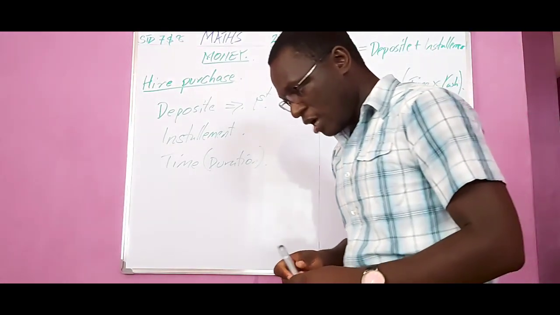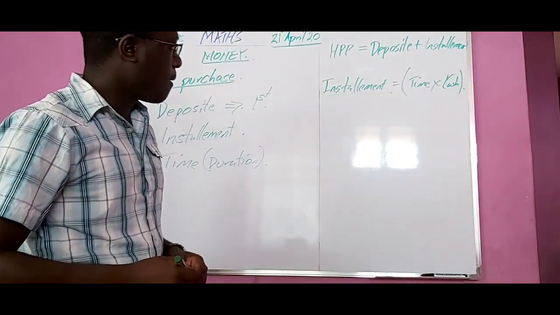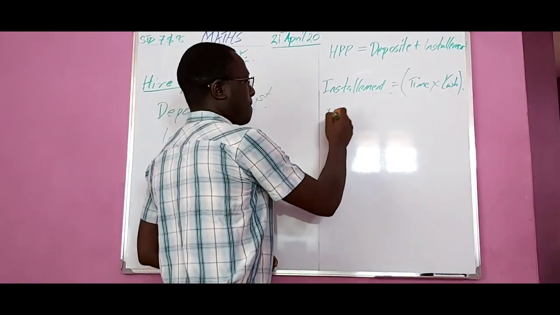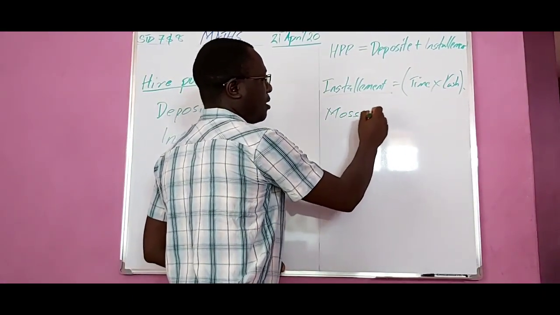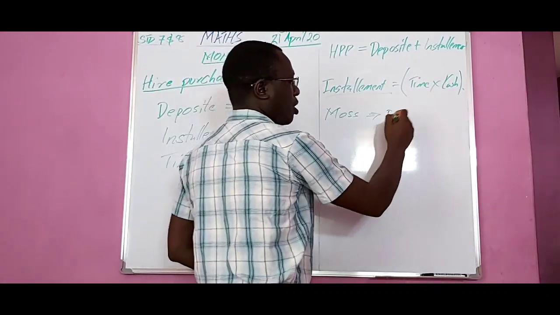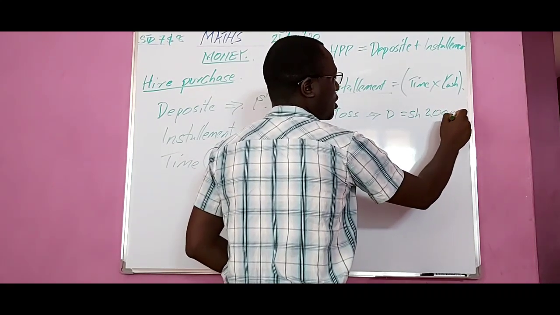Now, let's have an example. You're told Moses bought a car and paid a deposit of 200,000.